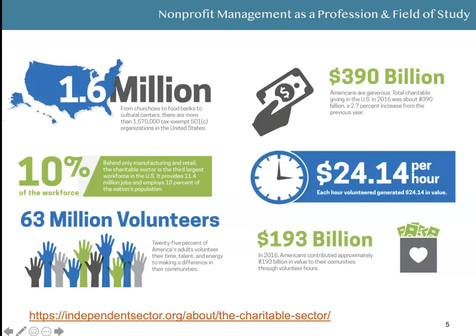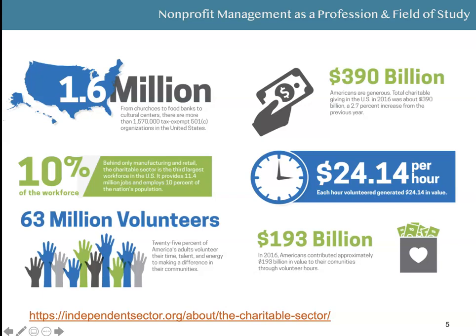So let's talk about what the impact of nonprofit organizations is. And I'm going to be sharing this exact same visual next week. But we know that there are 1.6 million nonprofit organizations in the United States, also referred to as charitable organizations, also referred to as tax-exempt 501(c)(3) organizations.